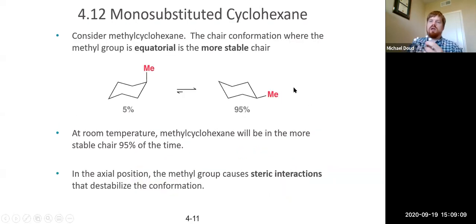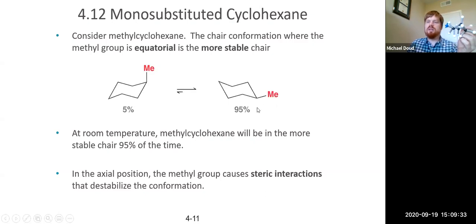Now, if we consider methyl cyclohexane, where you have a methyl group where this blue molecule is, and you look at a sample of it, at equilibrium you're going to have about 95% with the equatorial methyl group.